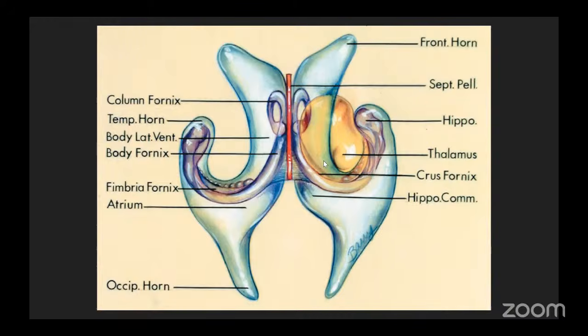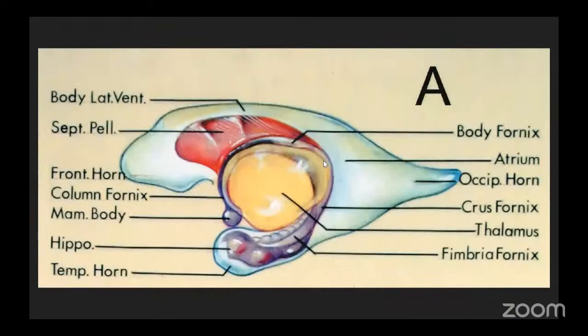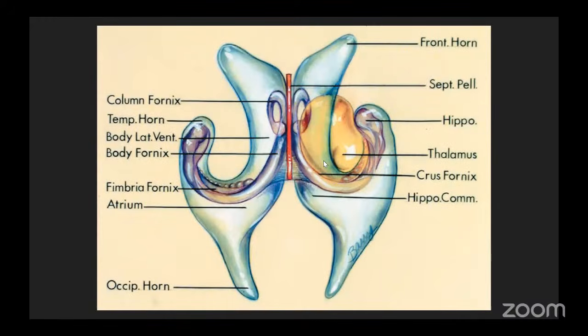I hope I'm making sense here. You would feel that this is in the same plane, but it's not. It's spread out. So when we see the axial sections, we see that the fornix is spread out. Like the thalamus, it is also changing its direction and orientation from medial to lateral.